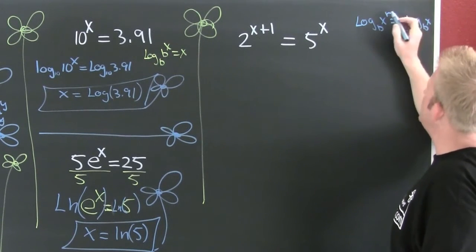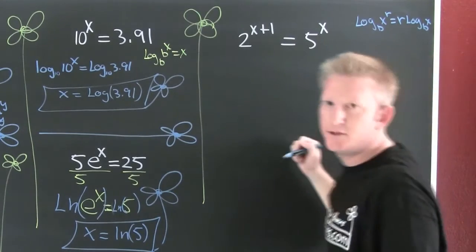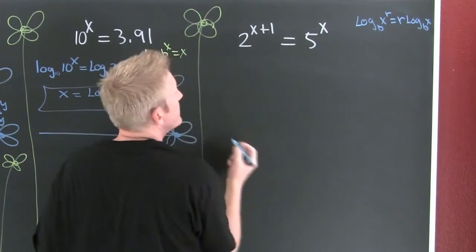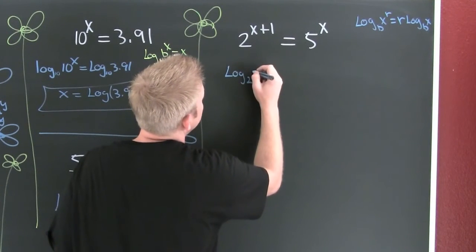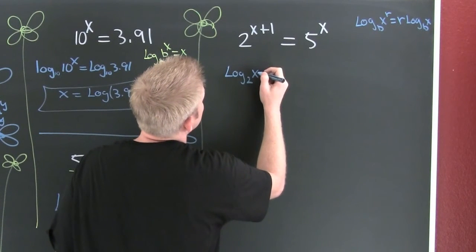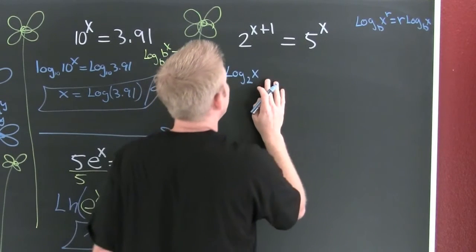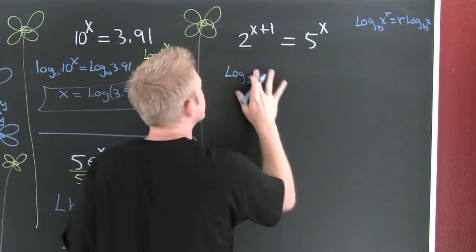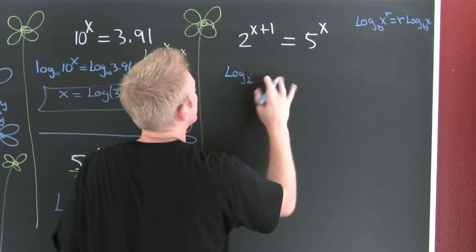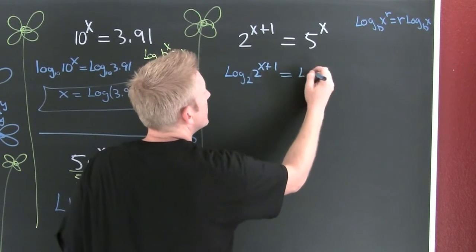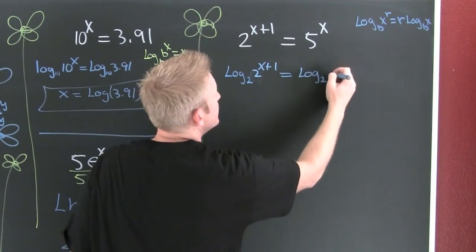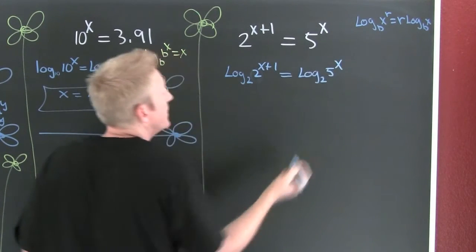That means I can bring that exponent down front. So now I'm over here. Let me use log base 2 of 2 to the x plus 1, that's going to be equal to log base 2 of 5 to the x.